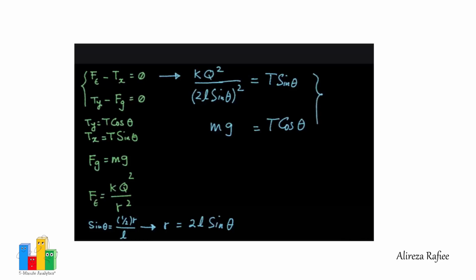Okay, now go ahead and divide equation 1 by equation 2. This way, the magnitude of the tension will cancel out.